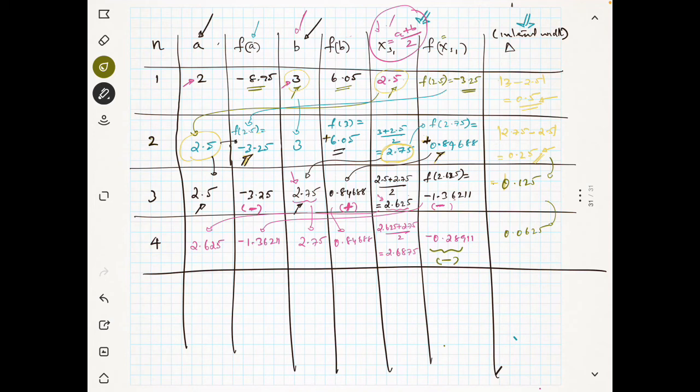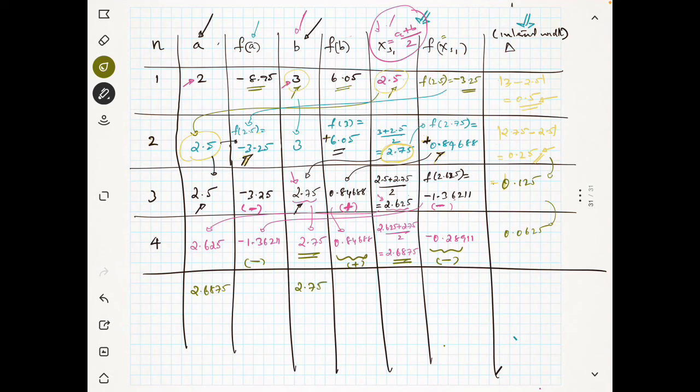Now this answer is negative and this answer is also negative. So there is no solution between 2.625 and 2.6875. This answer is positive, so the solution is between this value and this value. The lower limit is 2.6875 and the upper limit is 2.75.